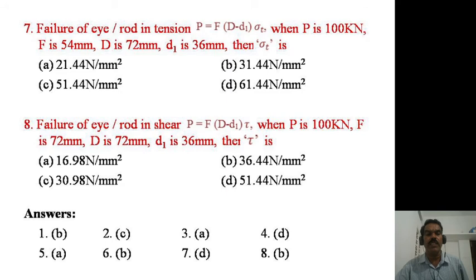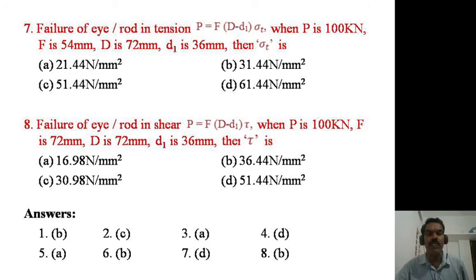Okay, the next, what is this question number 8? Failure of eye or rod in shear. P is equal to F into bracket D minus D1 into tau. When P is 100 kilonewton, F is 72 mm, D is 72 mm, D1 is 36 mm, and tau value. By applying all these values in this equation, finally you will get tau value. So what is the right answer?